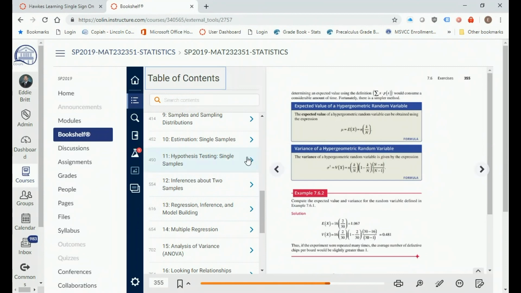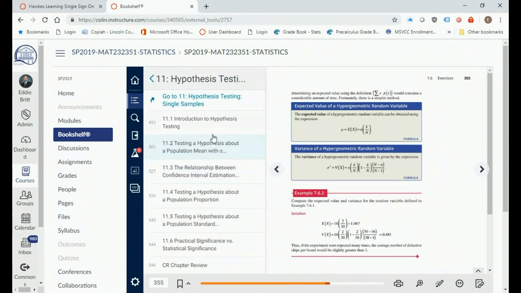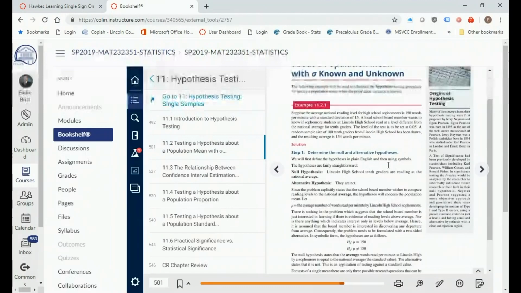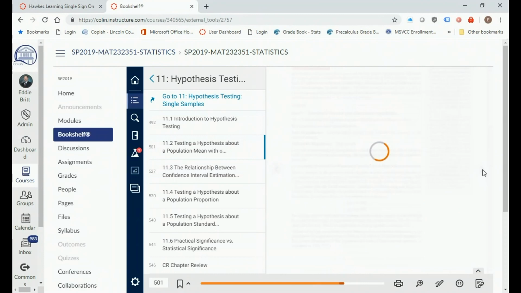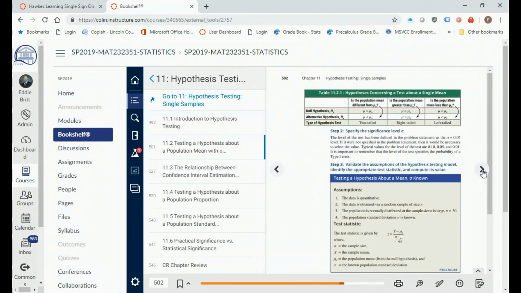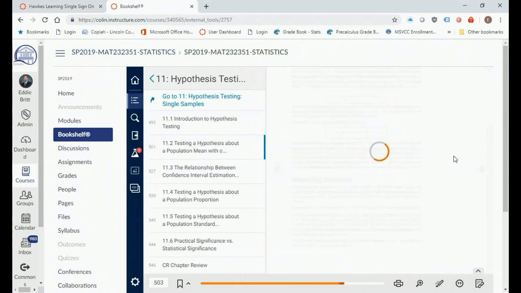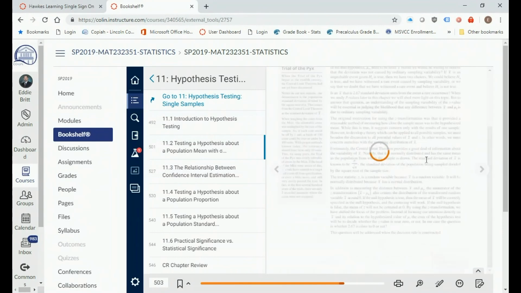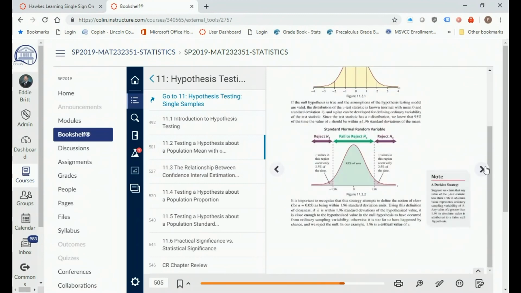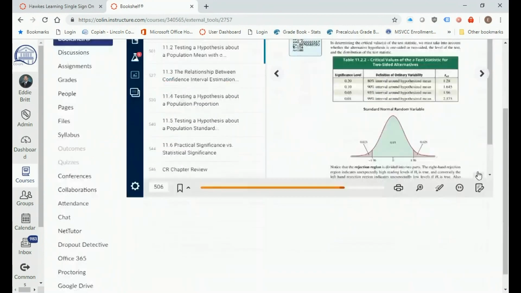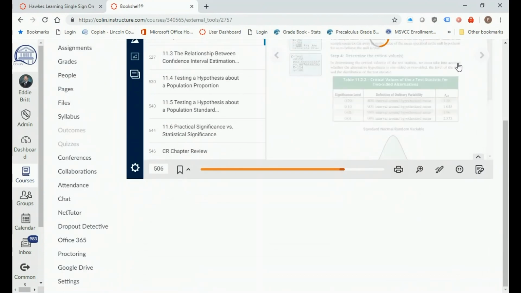Go here, hypothesis testing. All right, so you can tell right here, it's telling you how to tell if it's two-tailed, right-tailed, left-tailed. So I'm looking for the right-tailed. See, this is the two-sided, so these are two-tailed values. I don't need that. I need the right-tailed.